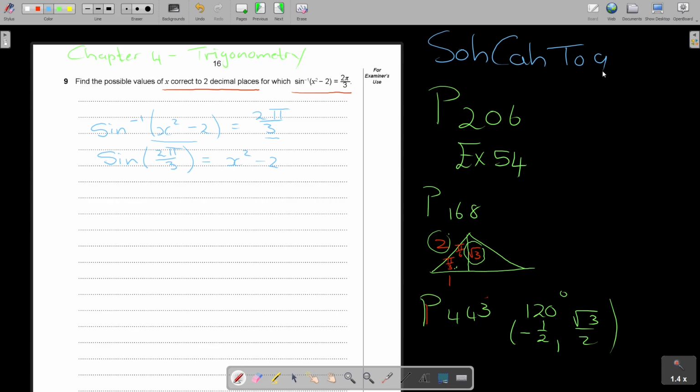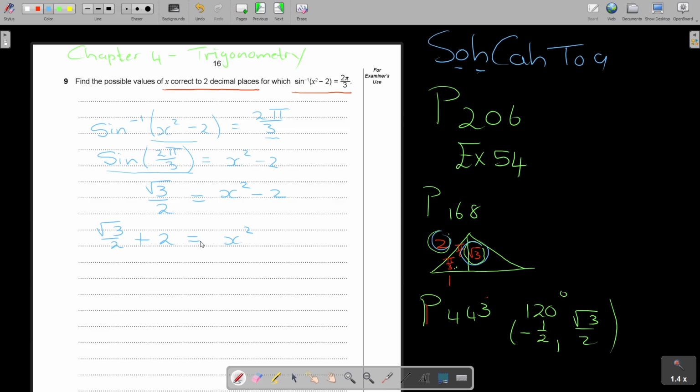So in the place of this, I'm going to say square root 3 over 2, and that's going to be equal to that x squared minus 2. Okay. Now, I'm going to keep the x squared on that side, and I'm going to say square root 3 over 2 plus 2 is equal to that x squared.